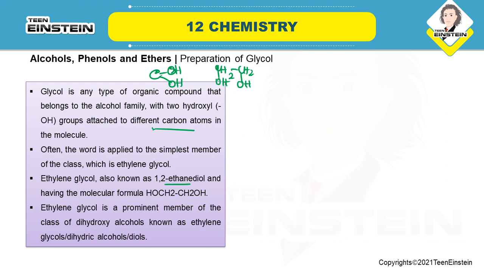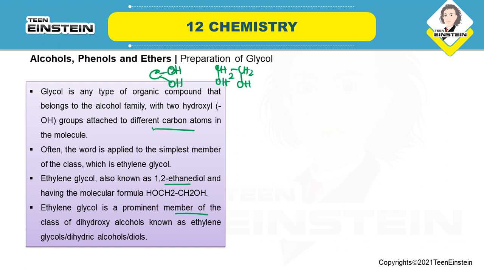Ethane is CH3 attached to CH3. So if you remove two hydrogens from 2 CH3, it will be 1,2-ethane diol. That means it is an ethane derivative, right? And it is a prominent member of the class of dihydroxy alcohols. That is, in general, if we say dihydroxy alcohol, this is the first member.